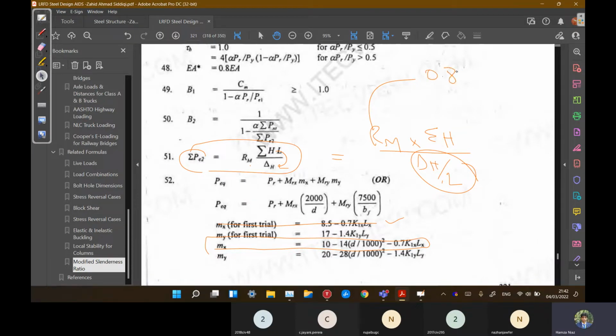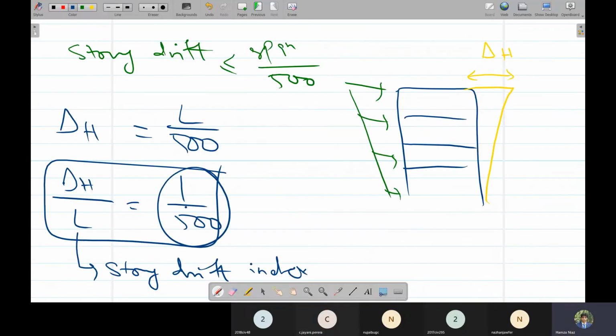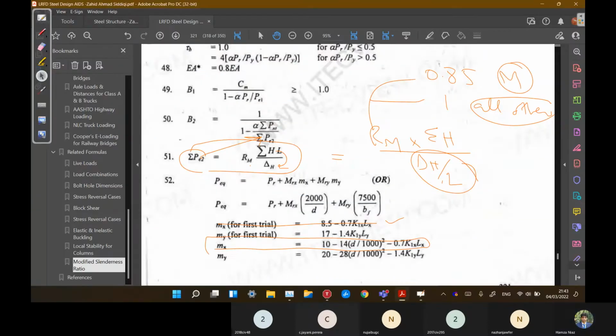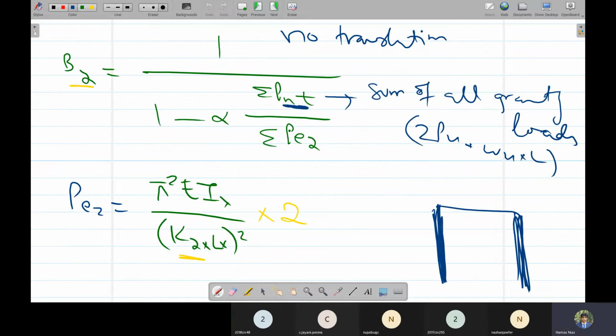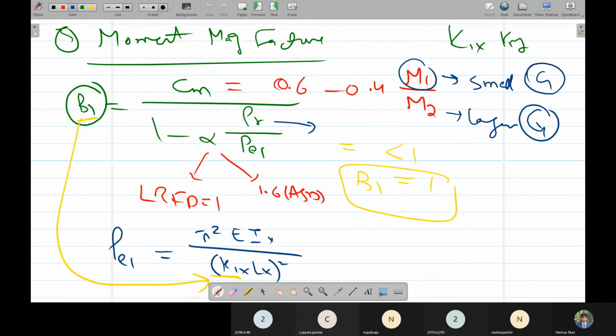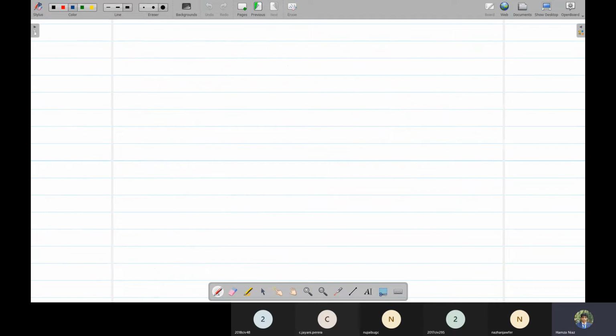It is 0.85 for moment resisting frames and 1 for all others. So if any building except moment resisting is given, we will use 1. If moment resisting is given, we'll use 0.85. Then we can plug in this PE2 here and get B2. We calculated B1 and B2 by this. This is our fifth step.